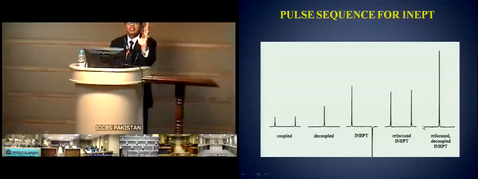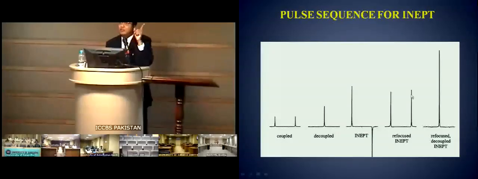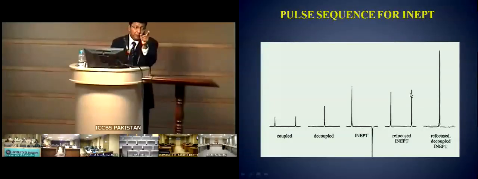People said, okay, intensity problem is solved. We are very happy with it, but we don't like it, because it's so coupled, so complex. So we want to have a decoupled INEPT, and this is piece of cake. We decouple them after polarization transfer.